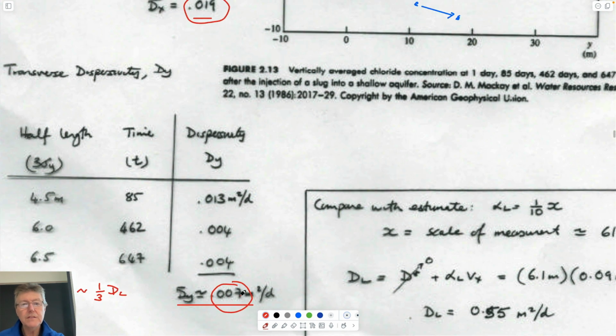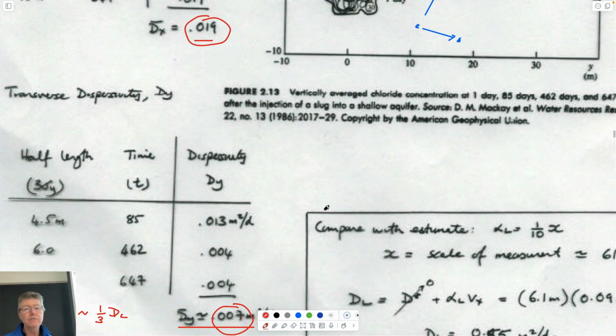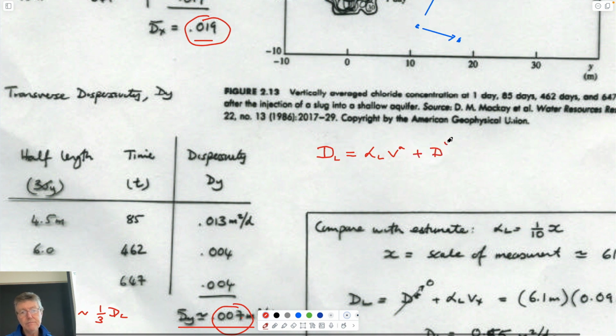And of course, if we wanted to convert this to values of our alpha L, so we've measured d_L, and it's equal to alpha L times the advective velocity plus d star. I suppose if it's a sandy aquifer, we can assume that V is large.